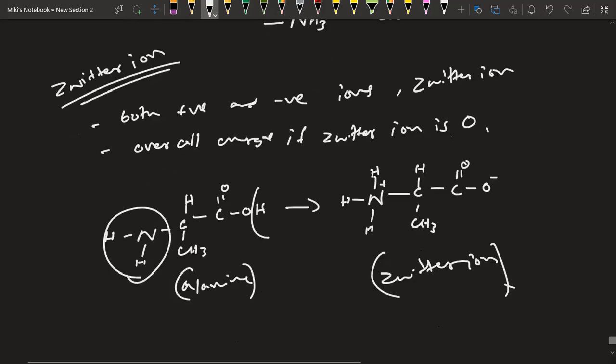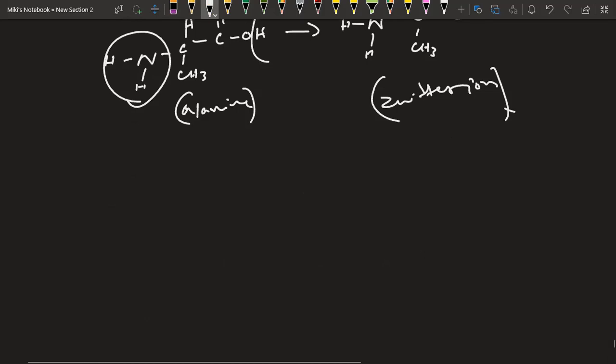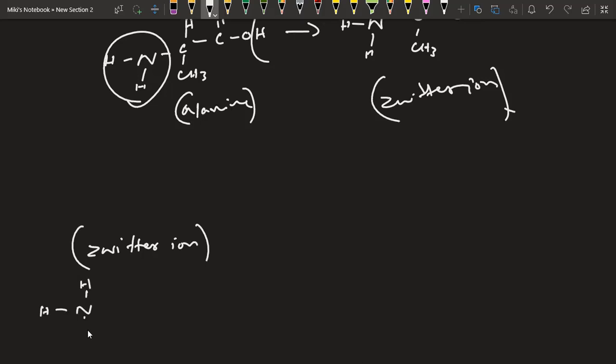Moving on to our next part, let's say we have this zwitterion present. Let's take the example of alanine, alanine's zwitterion, which we just got. Now, let's add two conditions to this zwitterion.